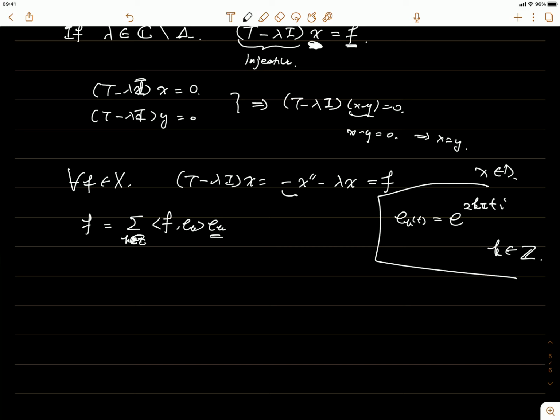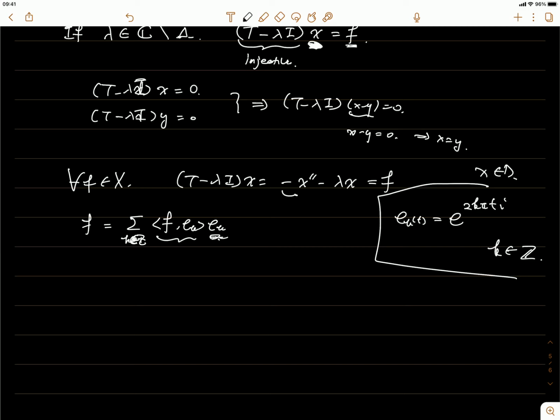And then you can decompose f this way, and these are the Fourier coefficients, and this is just the Fourier basis. So you can apply this transformation on both sides, and then you just need to match the coefficients on both sides.